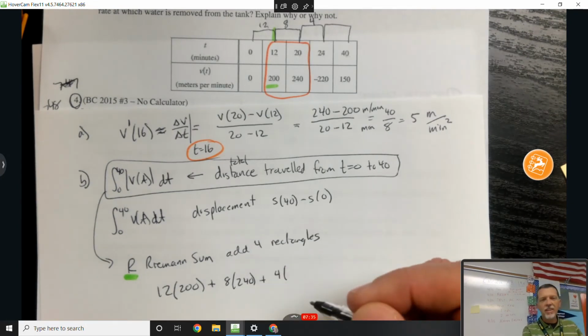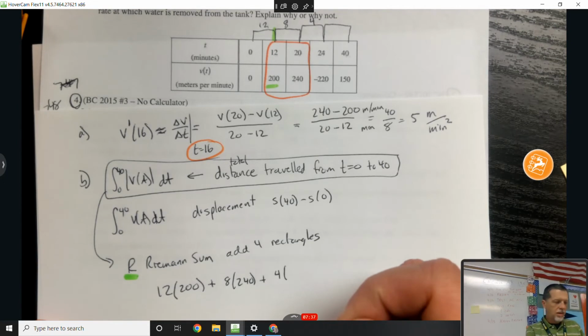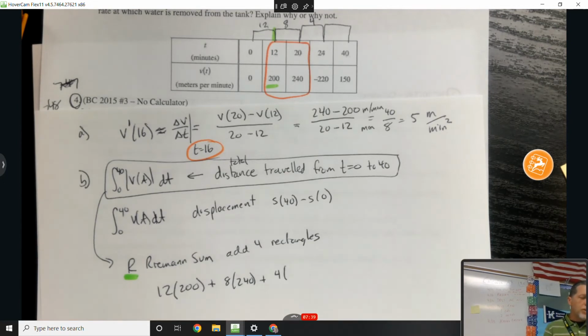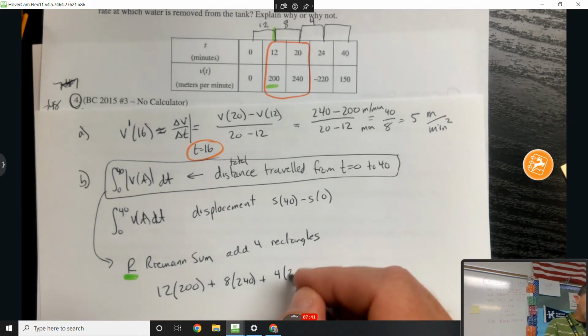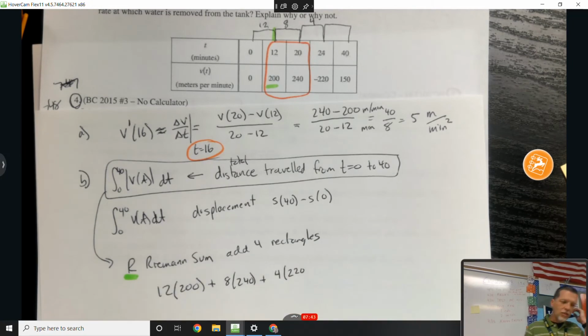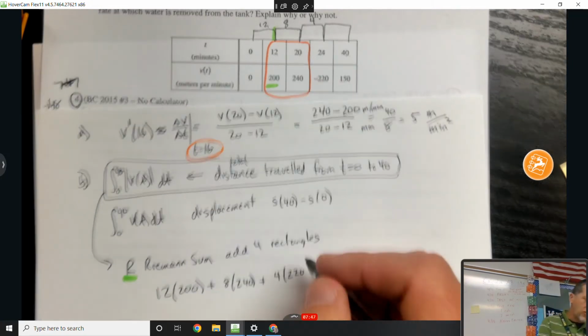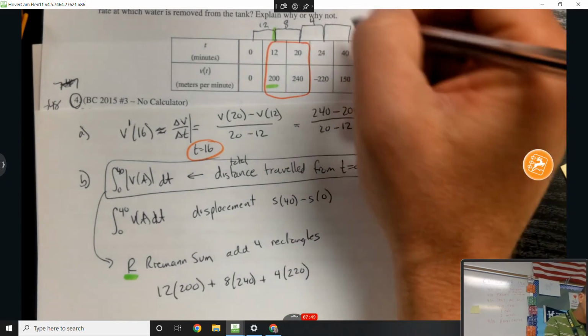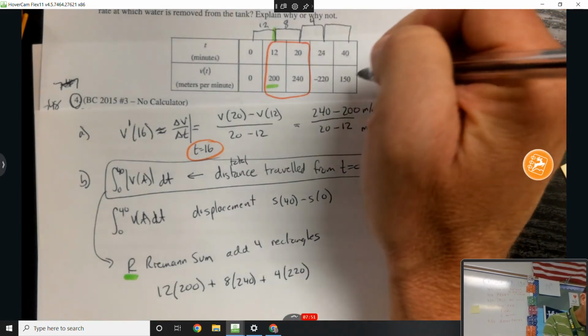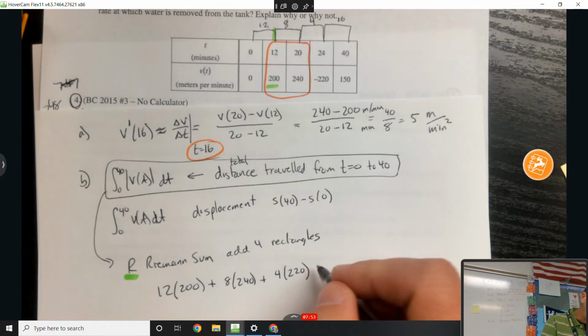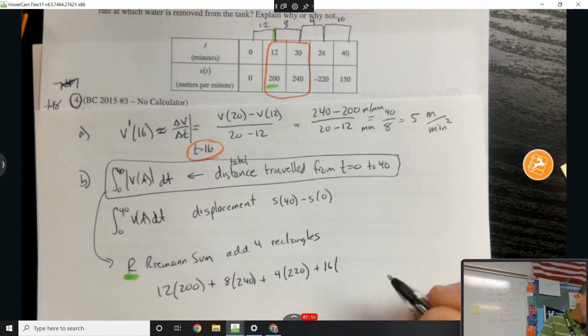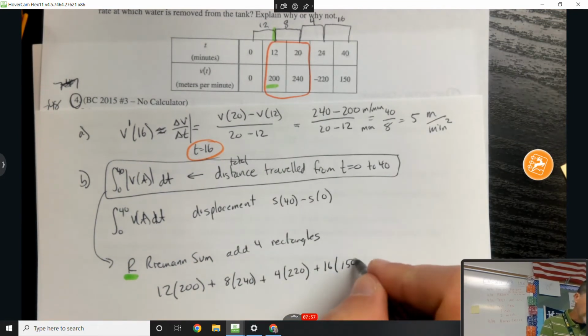Positive or negative? We're doing the distance, so we want to use the positive. Okay, so she was going backwards, but we don't care about the backwards part. We just want how fast she was going. So 220. And then that last one, the width is 16, and the height is 150.